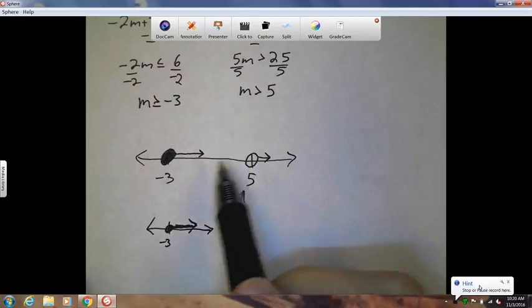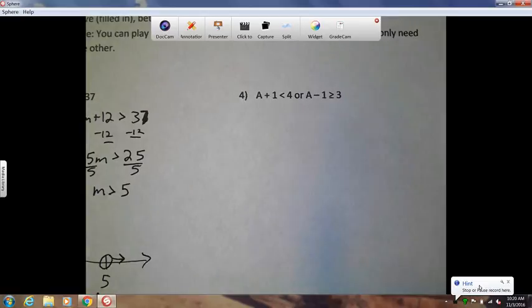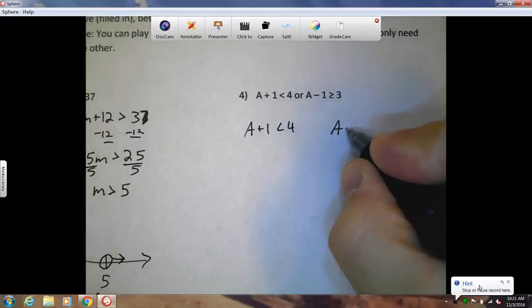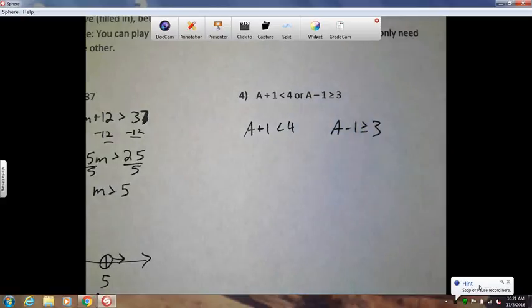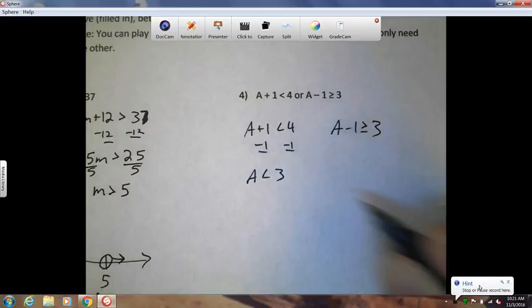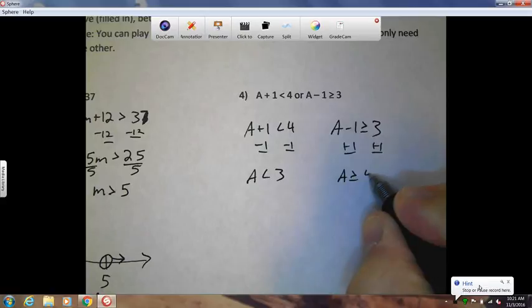Let's look at the last example. I have a plus 1 is less than 4, or a minus 1 greater than or equal to 3. To solve, subtract 1 on each side. a is less than 3. Over here I have to add 1. So it looks like that. Remember, pause this if you need to slow it down. Now I'm going to graph.